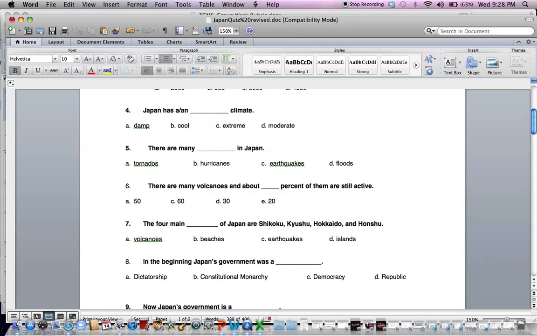Number 6, there are many volcanoes and about blank percent of them are still active. A, about 50% of them are still active. C, about 60% of them are still active. D, about 30% of them are still active.